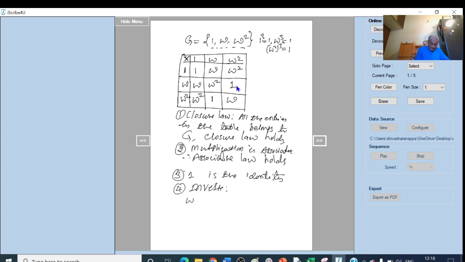So here we write inverse of omega is equal to omega square, and inverse of omega square is omega. So all the 4 conditions are satisfied, all the axioms are satisfied.